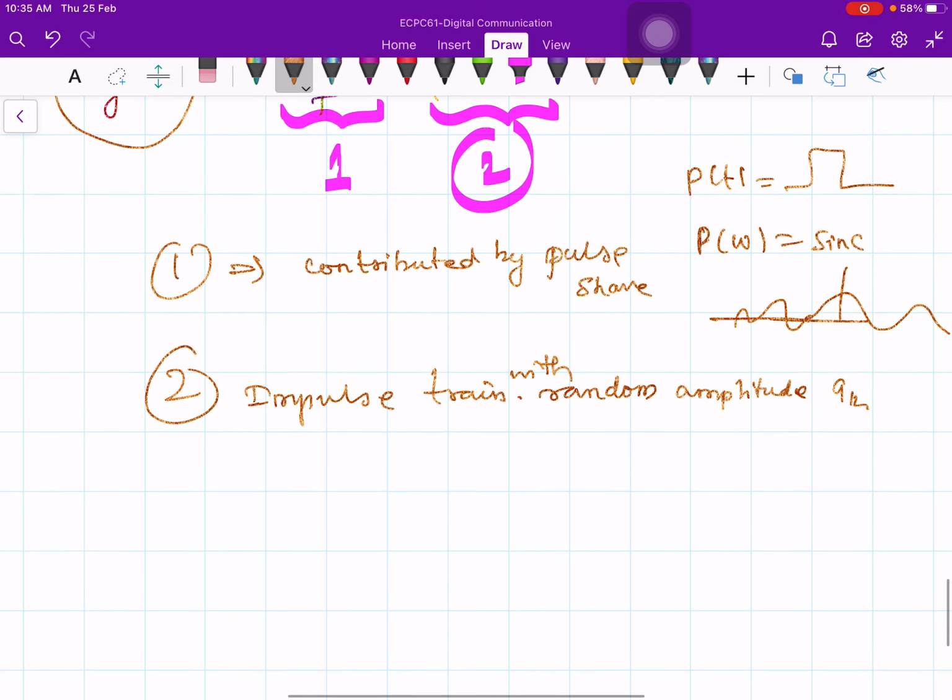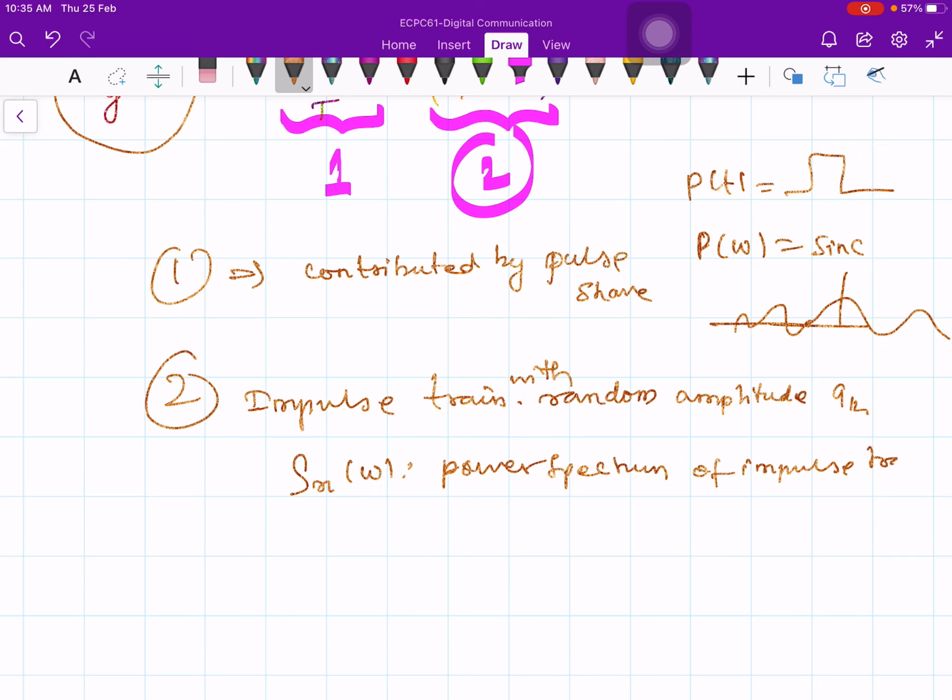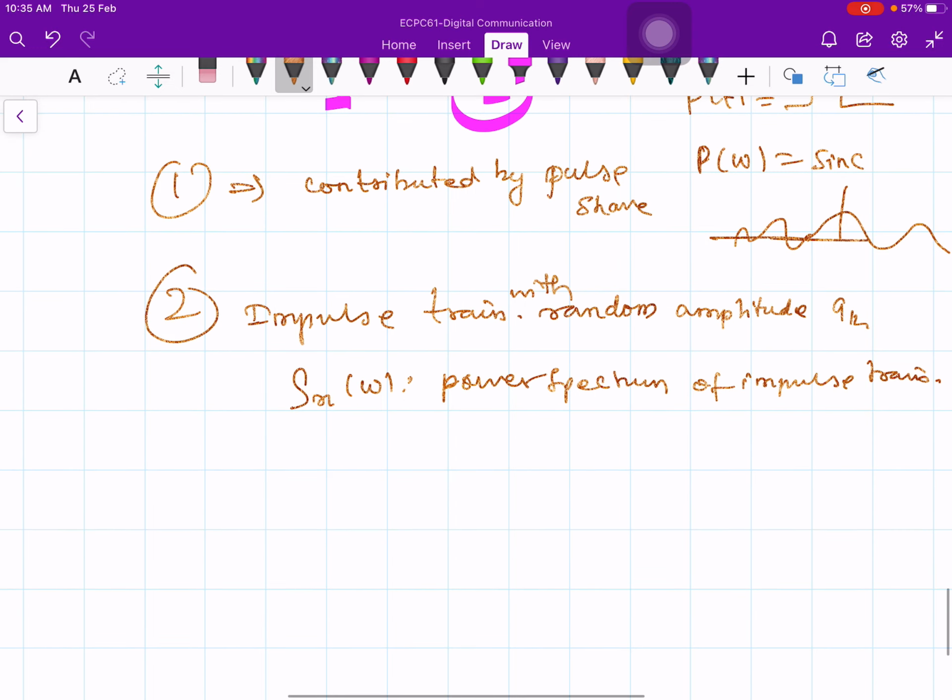Therefore, Sx of omega indicates the power spectrum of the impulse train, and P of omega indicates the power spectrum of the pulse shape.